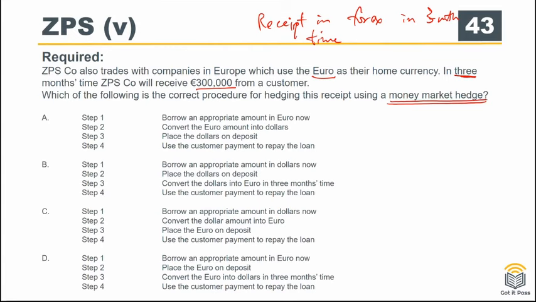So the first step, because you don't have any foreign currency right now and you don't have any local currency right now, what you have to do is borrow foreign currency, or euro here, now.